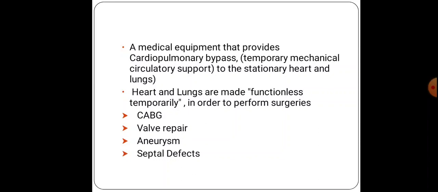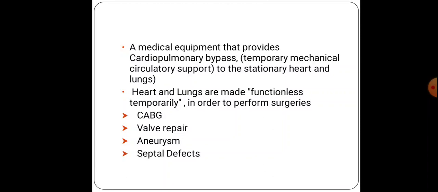So based upon this electromechanical action only our heart and lung will function. Same, the heart lung machine is also an electromechanical circulatory function. It is going to circulate the oxygenated blood to all the parts of the body. So the heart and lungs are made functionless temporarily. We just stop their functions for temporary use in order to perform surgeries.